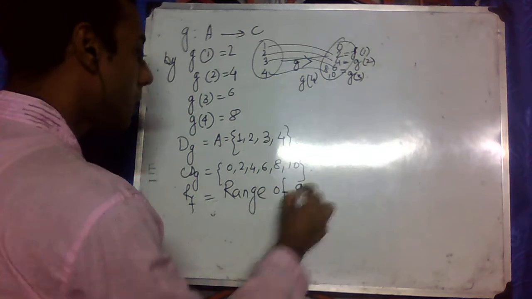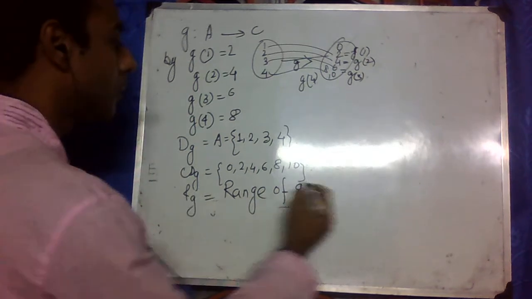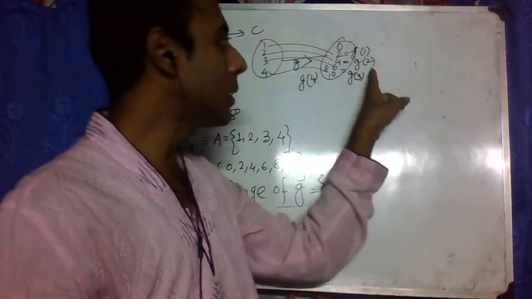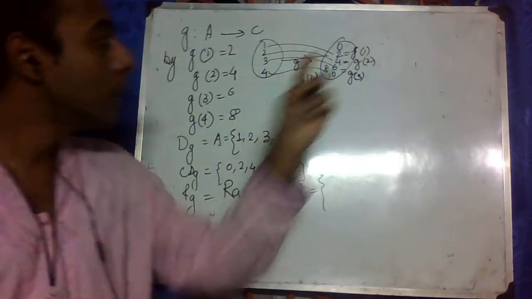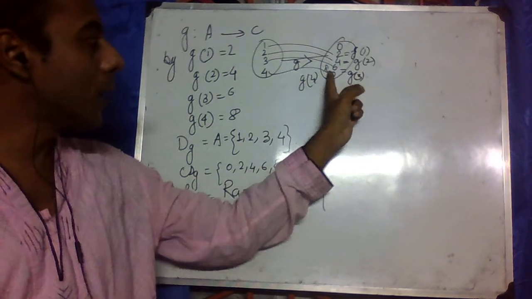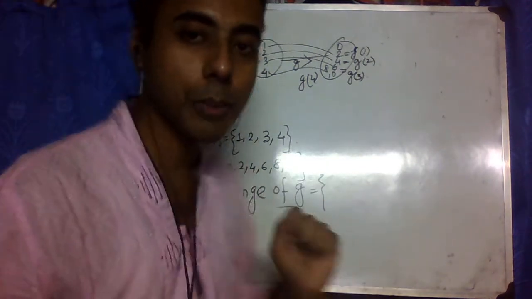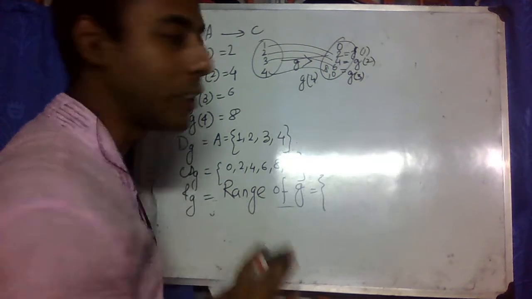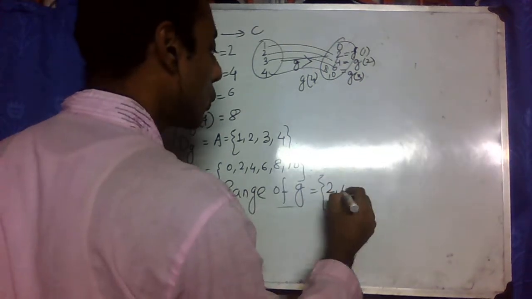Range of g, not f. Range means these elements g(1), g(2), g(3), g(4). That means 2, 4, 6, 8. These are the range, these are the elements in range.